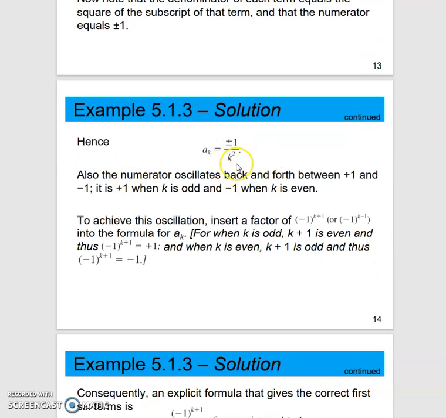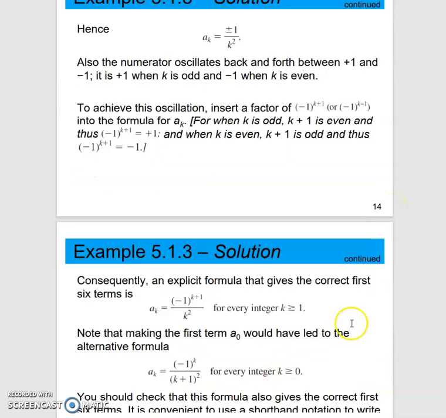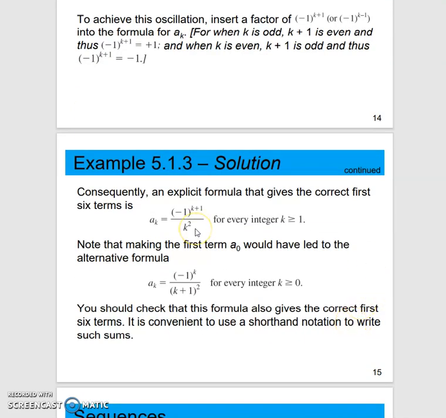So I'm going to have definitely k squared on the bottom, and then again the top is going to be either positive or negative. Well, is it positive for the evens or positive for the odds? So here we started with an even. So if we start at 0, I'm going to have it to the positive k.